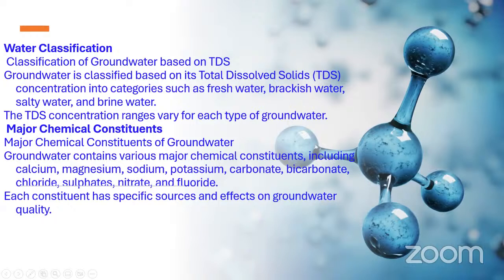Normally, I will give one example. In an urban water supply system, the government or whoever supplies water will supply water with TDS of 250 mg per liter, and up to 500 mg per liter we can drink.